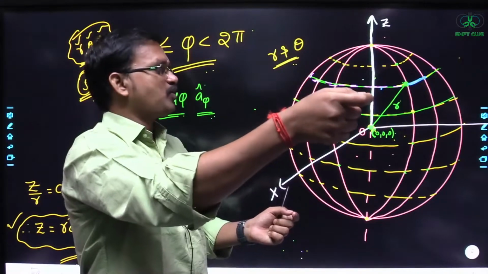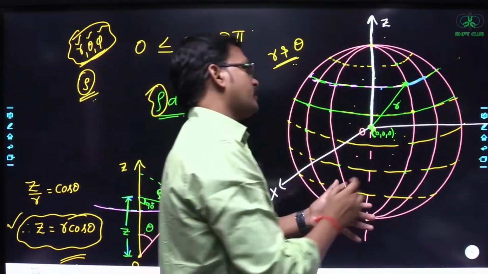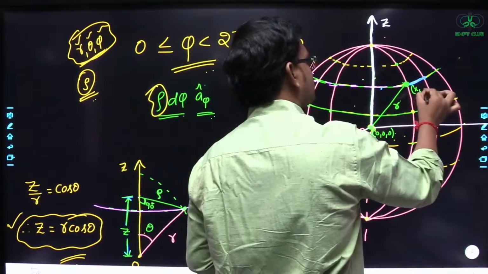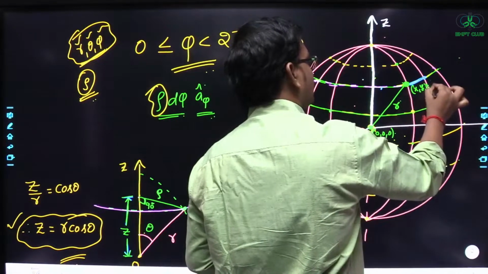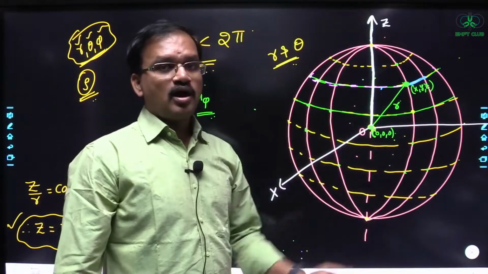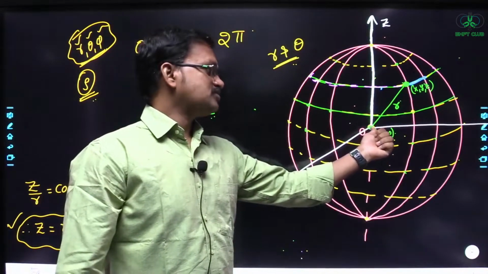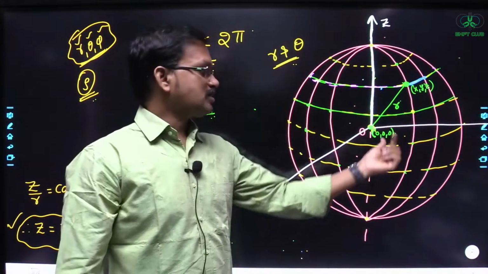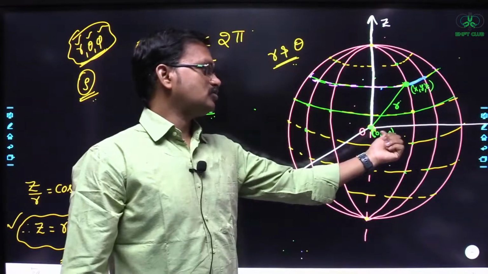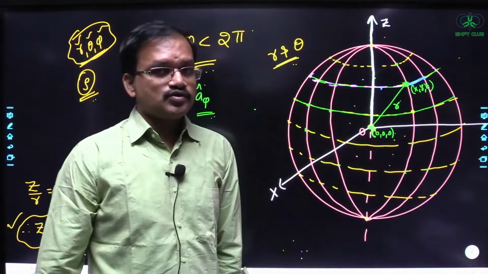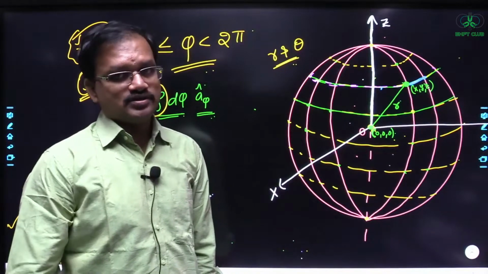So this point I can represent in the rectangular coordinate system as some x, y, z. Now what is r here? R is the distance from the center of the sphere to any point on the surface of the sphere. So the distance from 0, 0, 0 to x, y, z is the square root of x square plus y square plus z square.